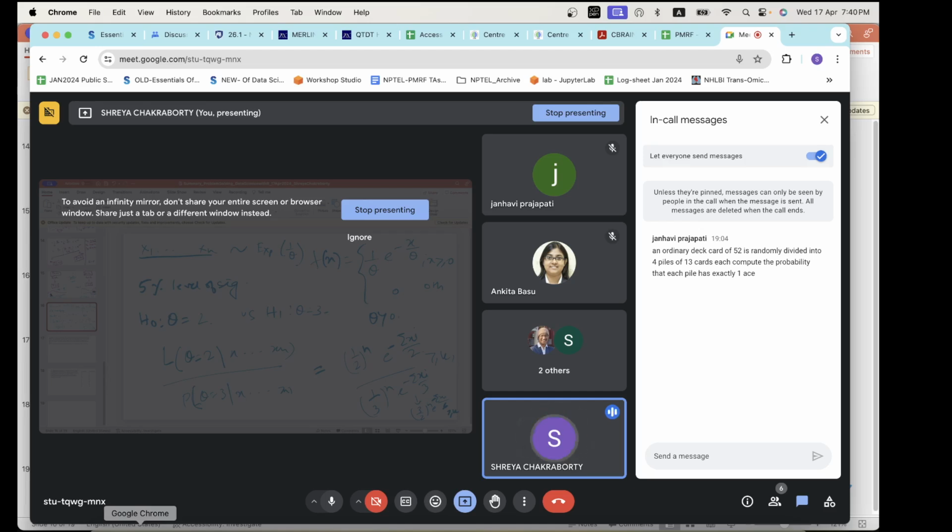Okay, no, it's there. An ordinary deck of 52 cards is randomly divided into 4 piles of 13 cards each. Compute the probability that each pile has one ace. Okay, I'll just copy yours.